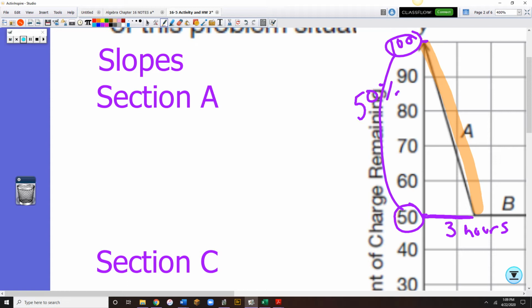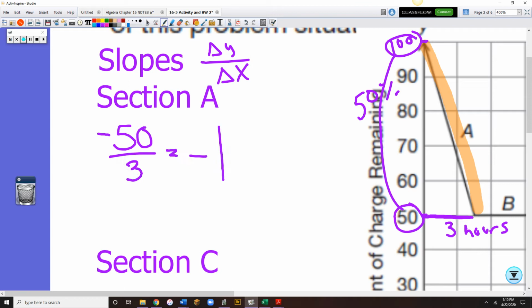When we're calculating slope, it's the change in y over the change in x. So the y value changed by 50. It went down 50% over the course of the change in x, which is 3 hours. So overall, the slope of that line is negative 16.6 repeating.